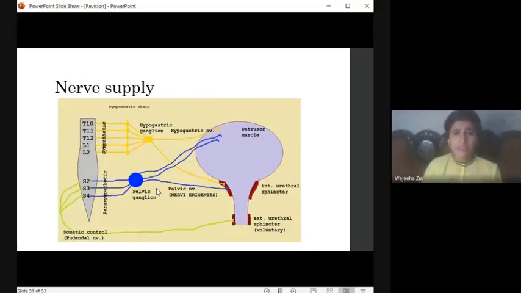There are different sphincters, internal sphincter and external sphincter. The external sphincter of the female is supplied by the pudendal nerve from the somatic system, but the internal sphincter is supplied by the hypogastric ganglion and the pelvic ganglion. So the bladder is highly sensitive to pressure and the amount of fluid, but the external sphincter is controlled by the somatic system.